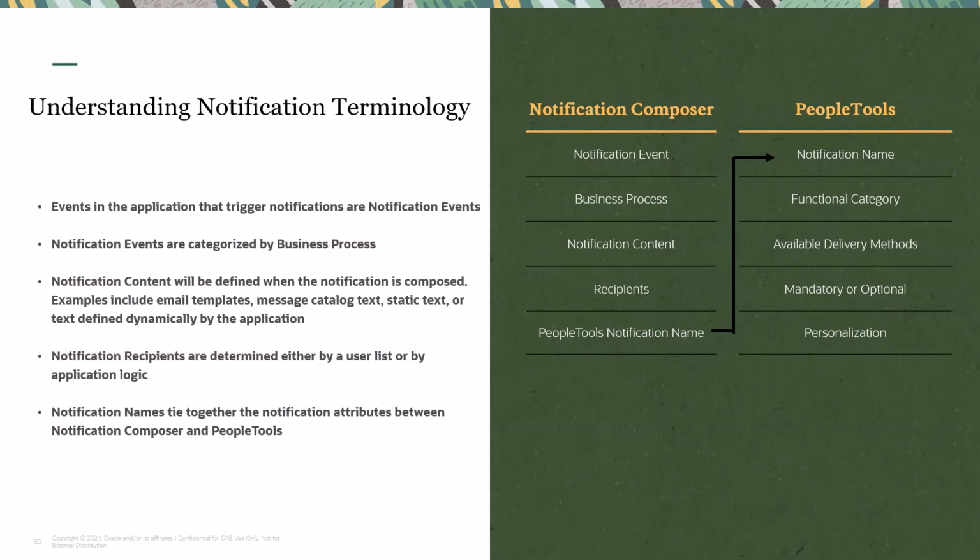Maybe those are things that the notification is being sent to. The application figures that out based on the event and or other configuration. Notification names tie together the attributes between Notification Composer and PeopleTools, and that's what that diagram on the right is trying to depict.